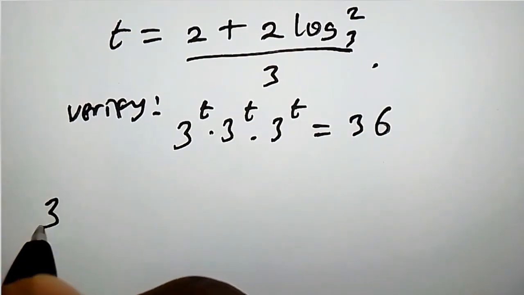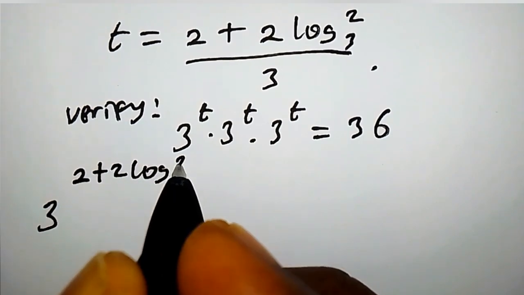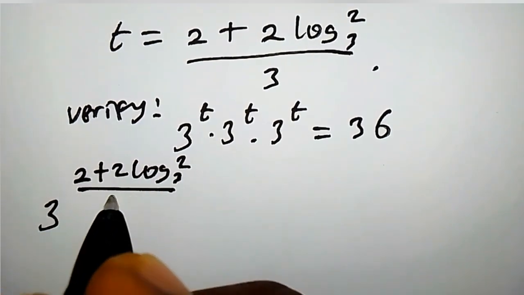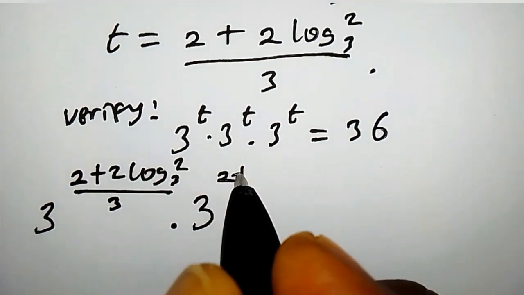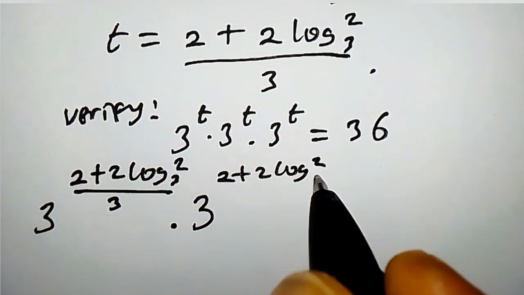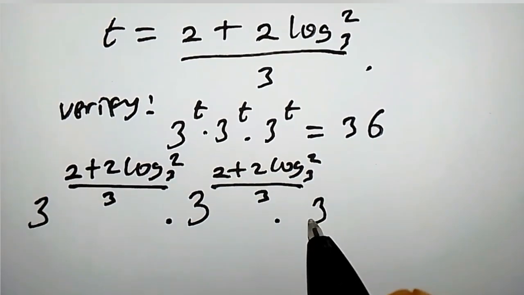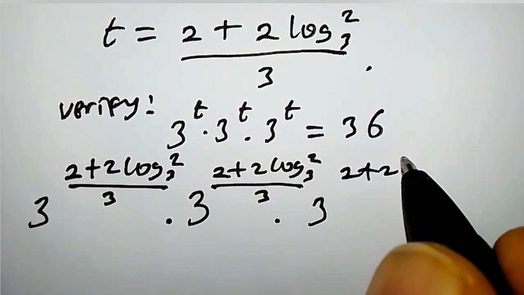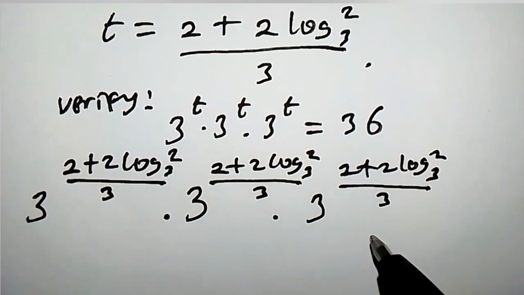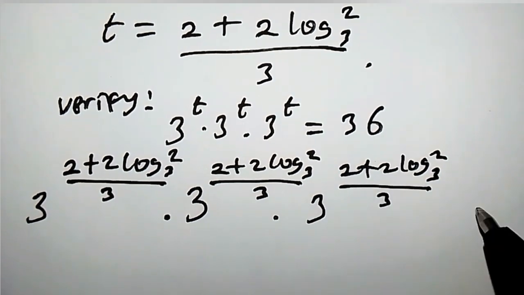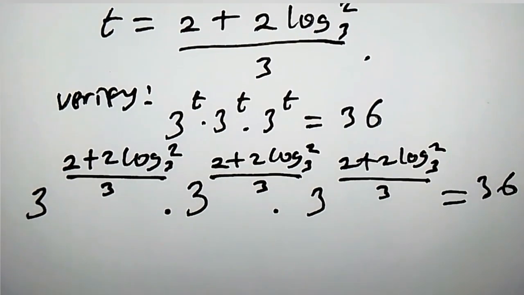That will be 3 raised to 2 plus 2 log 2 base 3 divided by 3 times 3 raised to 2 plus 2 log 2 base 3 divided by 3 times 3 raised to 2 plus 2 log 2 base 3 divided by 3. And we claim that all of this is equal to 36.